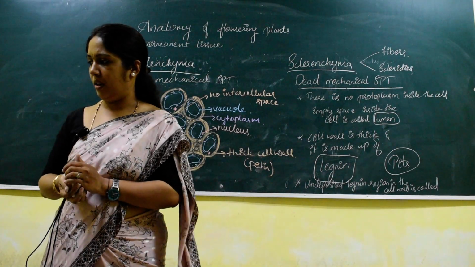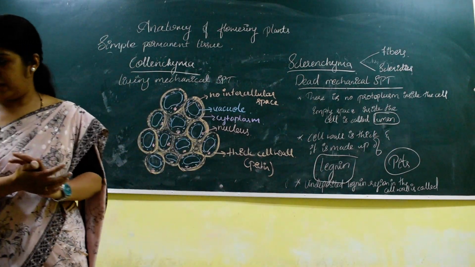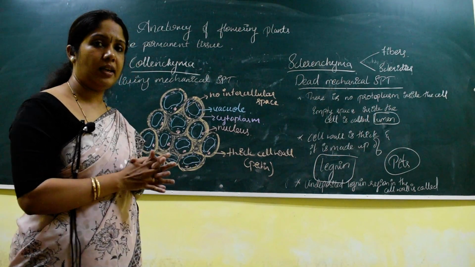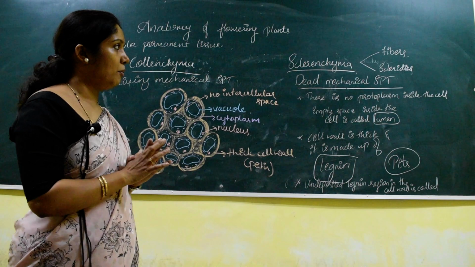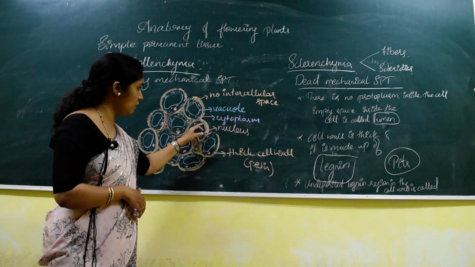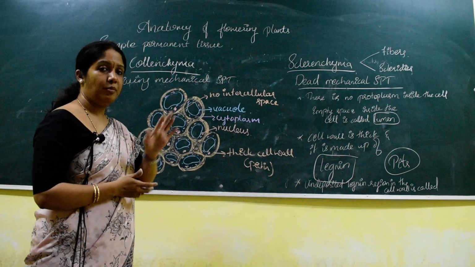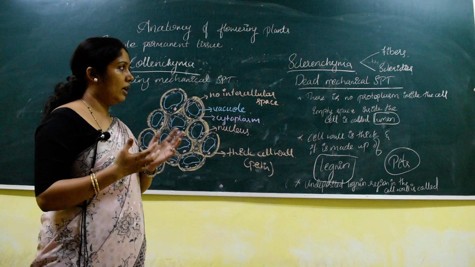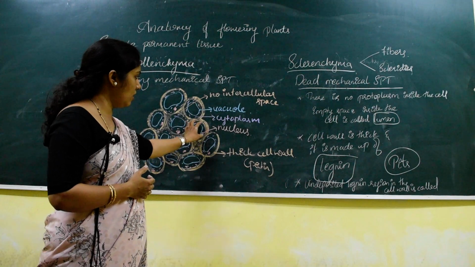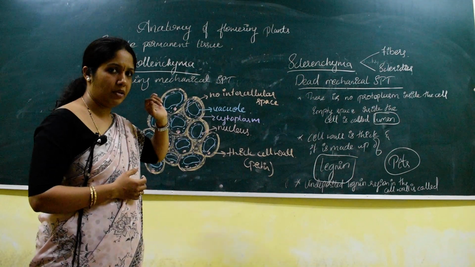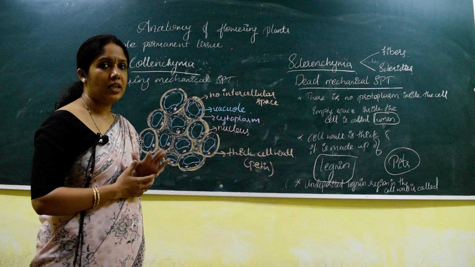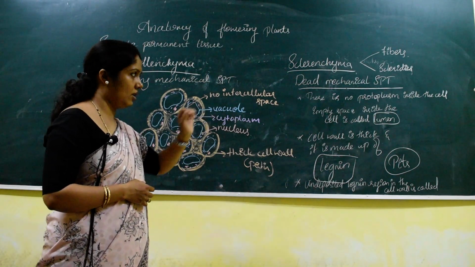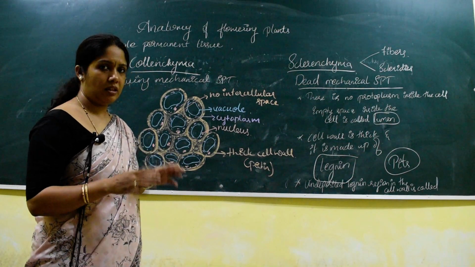So the Sclerenchyma is a dead mechanical tissue. Why is it called dead mechanical tissue? Because inside the Sclerenchyma there is no protoplasm. Inside the cell there will be completely empty space, and that space itself is called lumen. Next, the cell wall is very thick.